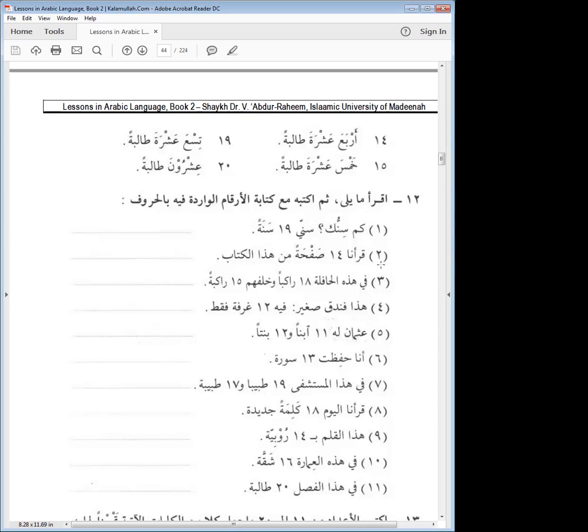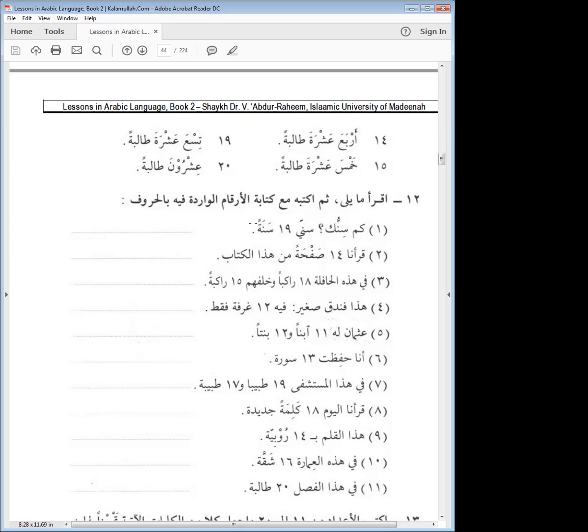If you want to see how to write it, just look on the same page, at the top, first line on the page. You see there in the table above? Tis'a ashrata talibatan, right? So in this case, you're using the same exact number and how it's written. Tis'a ashrata. In this case, it is sanatan. Mafhum? Everybody understand that, right?